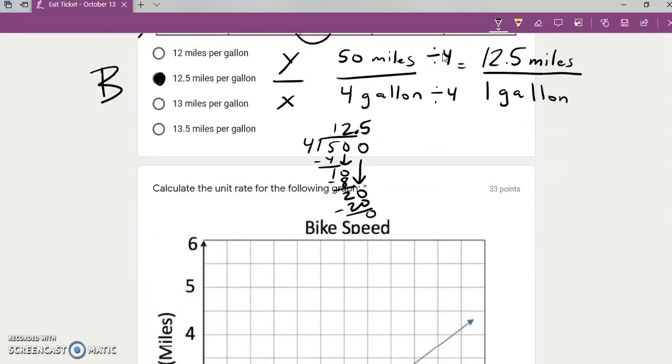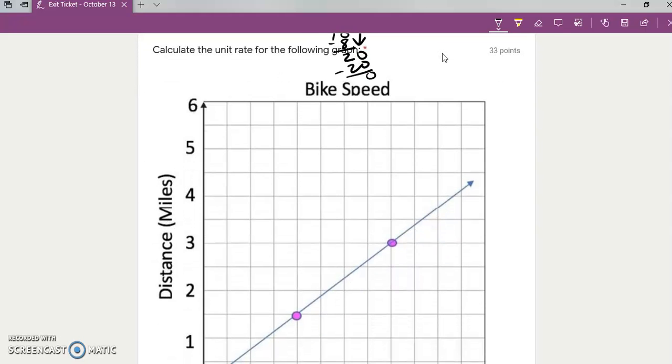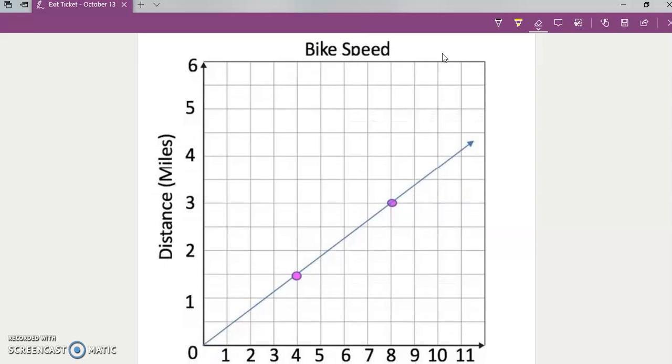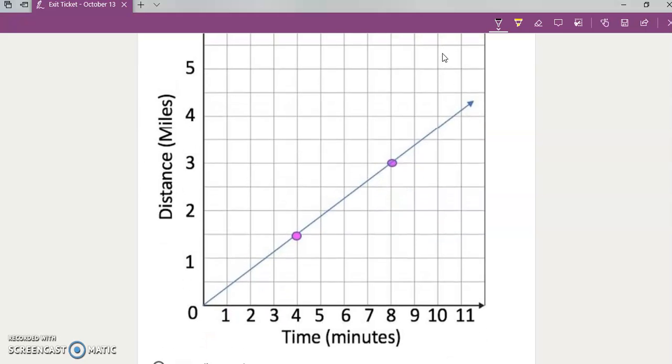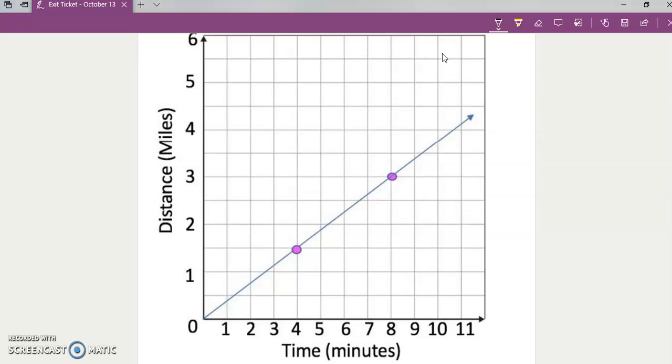Okay, now I'm going to move up. Let me go ahead and just erase this right here. Okay, so again, I have to calculate the unit rate. I have bike speed, and I have distance in miles, and then I have time in minutes.